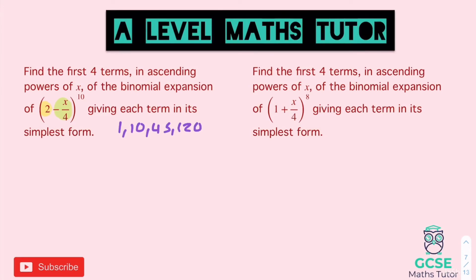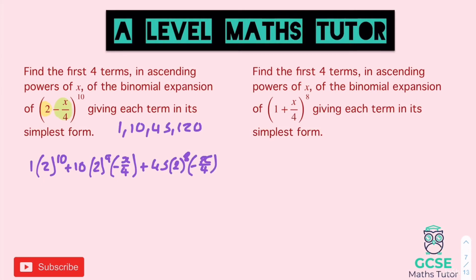So we have one lot of 2 to the power of 10. We're going to add to that 10 lots of 2 to the power of 9, and then we have the negative x over 4. Then for our next one, we've got 45 lots of 2 to the power of 8, and then the negative x over 4, which is all going to be squared.